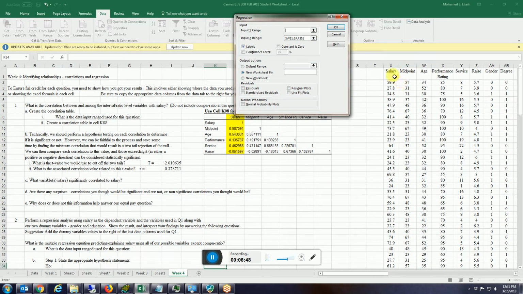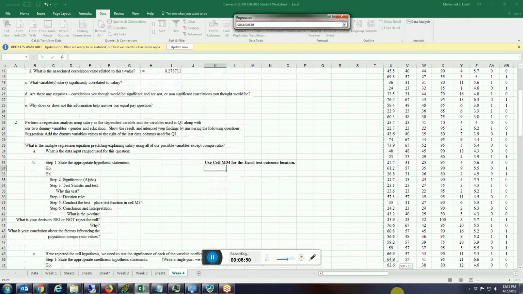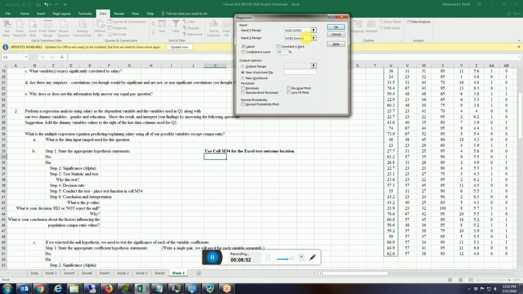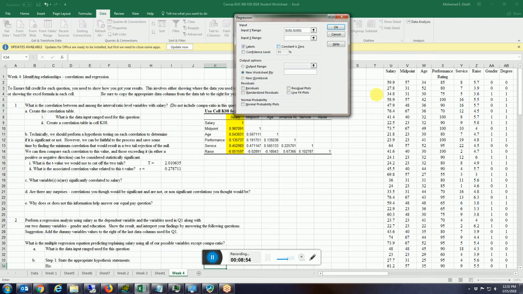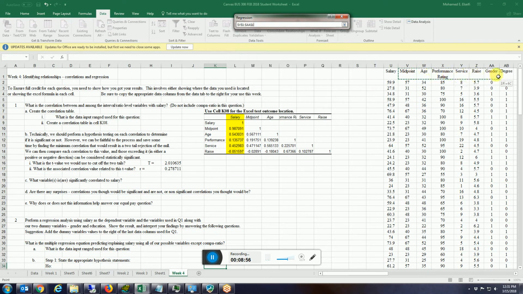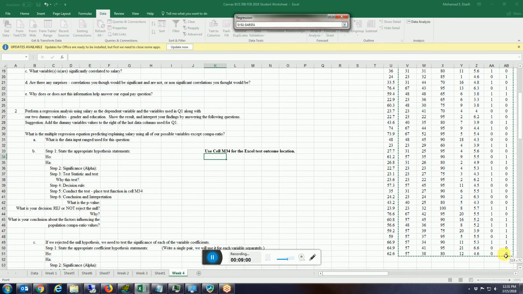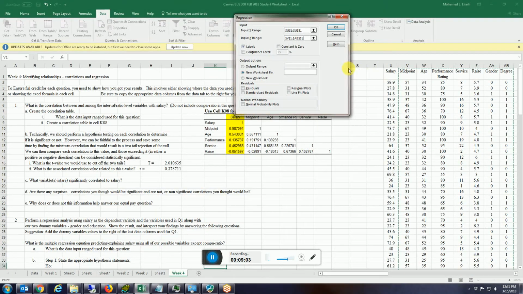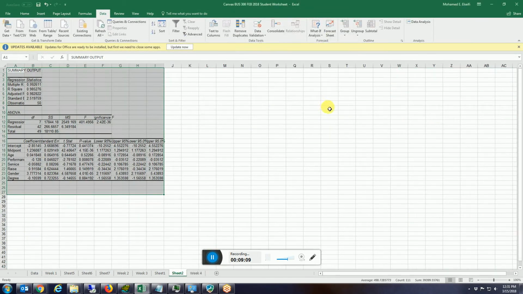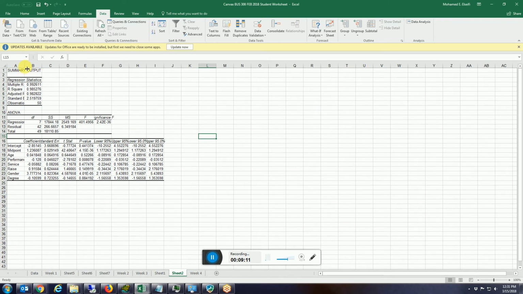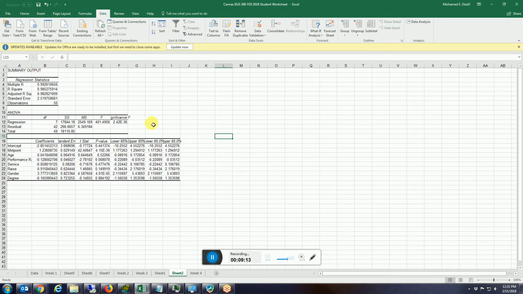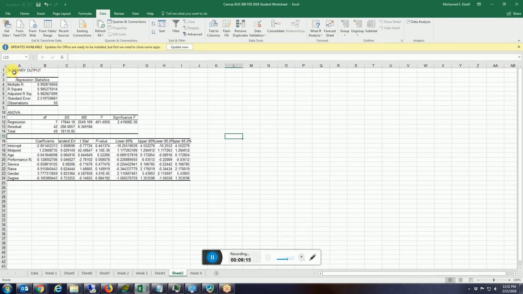So our y, which is our dependent variable, is salary, and then we have a bunch of x's, which are these guys right here. These are the predictors, and yes, we do have labels on the first row, and leave everything else unchanged. Okay, so here's our output. So we're going to go ahead and copy that.